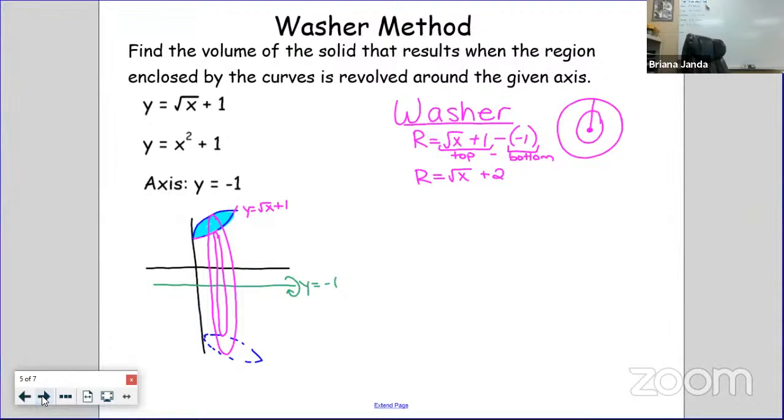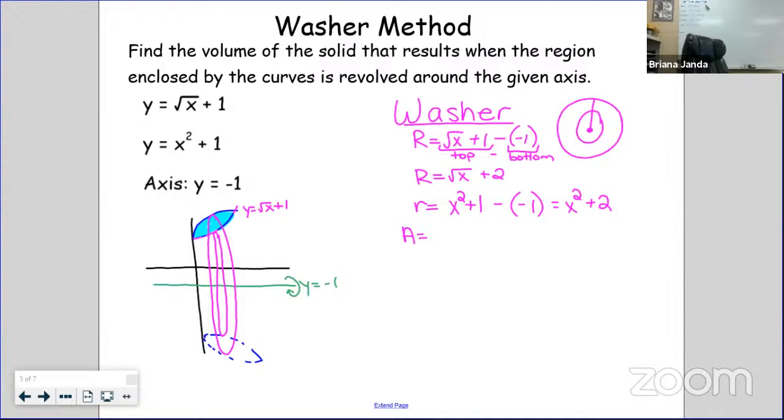Okay, so we need to finish up our inner radius here. Same idea on our inner radius. Your inner function is that x squared plus 1, this guy right here, to our axis, so top minus bottom would be x squared plus 1 minus the bottom, which is -1, which is x squared plus 2.